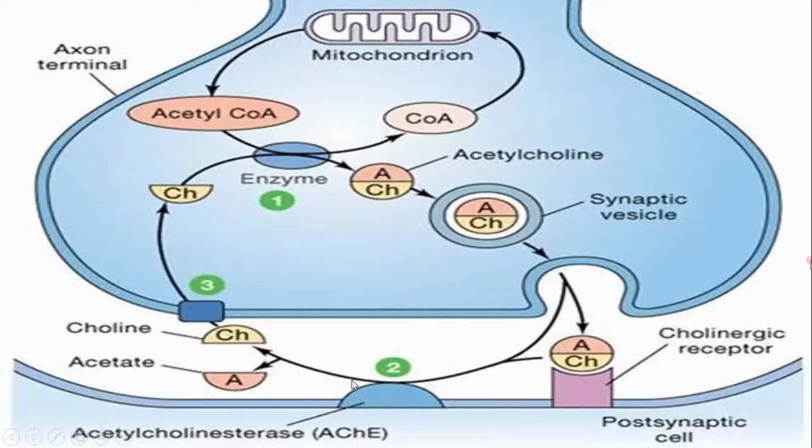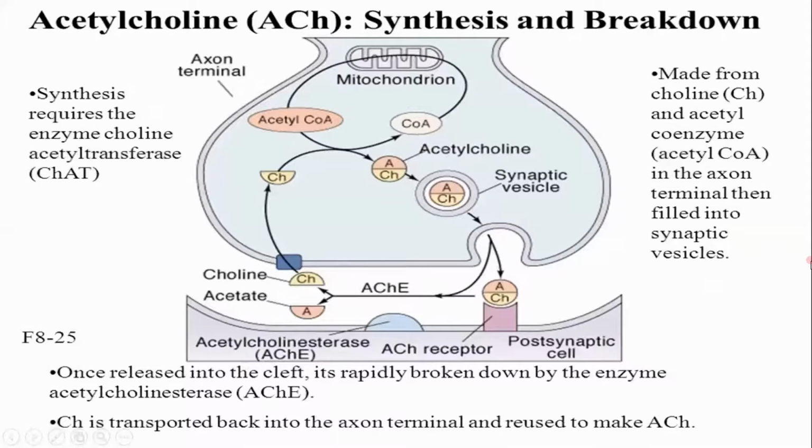You can see this acetylcholinesterase breaking down into choline and acetate, choline reuptaken for resynthesis of acetylcholine. This acetylcholine acts on the nicotinic acetylcholine gated receptor channel present in the postsynaptic membrane. So this was the synthesis and the release of acetylcholine, breaking down of acetylcholine, reuptake by the presynaptic terminal, and resynthesis of acetylcholine.